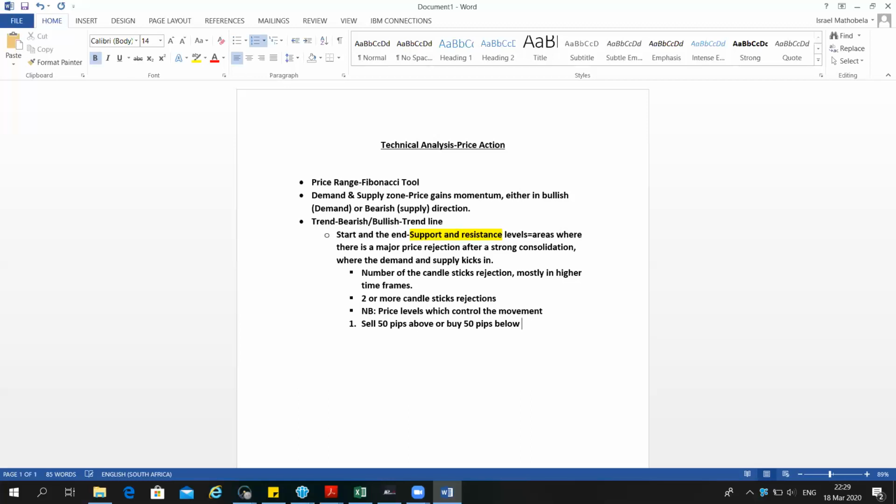This is just to be safe, and to allow the market maker to create liquidity in the market.